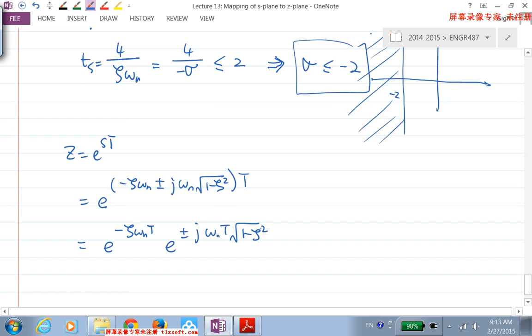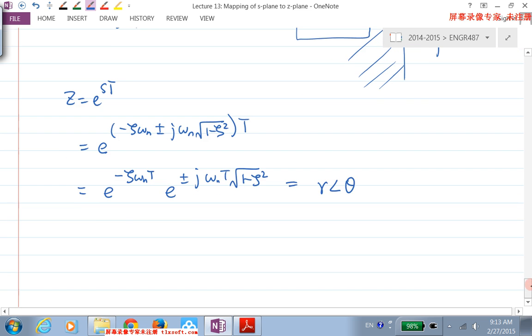That's your Z plane pole corresponding to that second order system. In general it's a magnitude and an angle: magnitude R, angle theta.